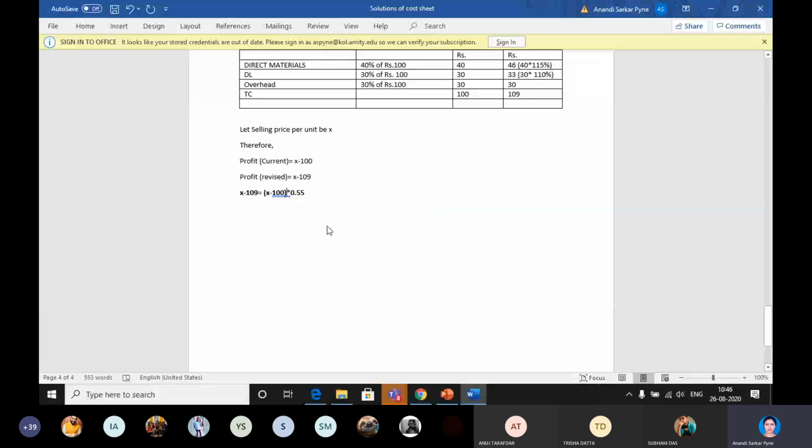Suppose the profit now is say 5 rupees. Right now in 2020 we are earning a profit of 5 rupees. In 2021 the profit whatever you will be earning, this year's profit is 55% of that profit. So 45% less than the next year's profit.